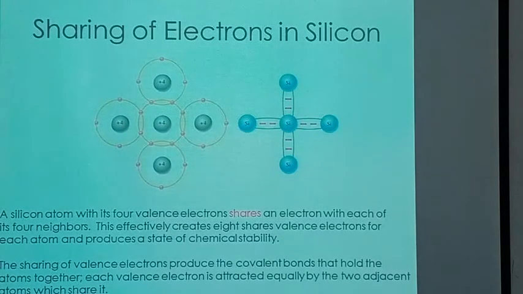This effectively creates 8 shared valence electrons for each atom and produces a state of chemical stability. The sharing of valence electrons produces covalent bonds that hold the atoms together. Each valence electron is attracted equally by the two adjacent atoms which share it.